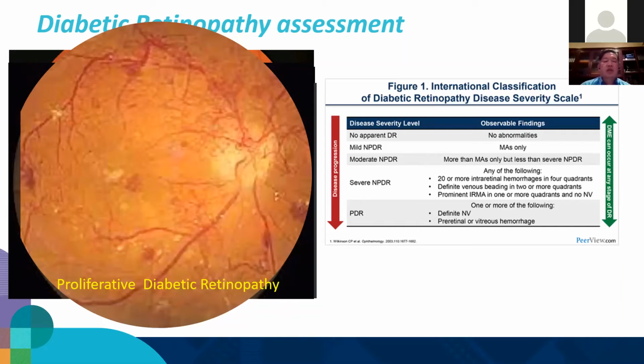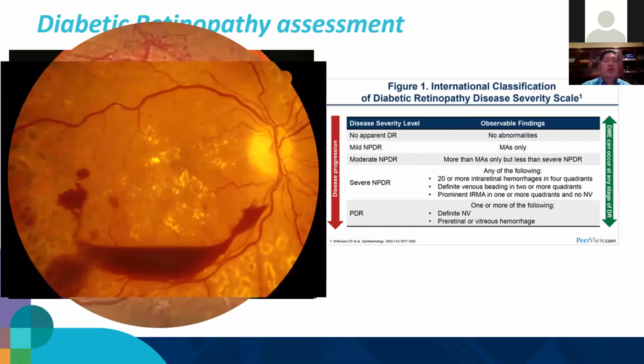And basically, you've got new blood vessels growing from the retinal veins. These blood vessels are leaky. So basically, they can break, leading to a vitreous hemorrhage.